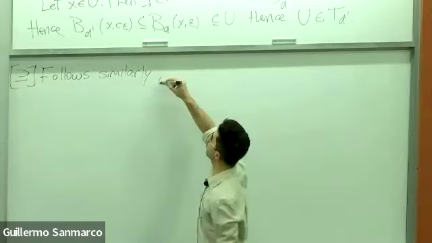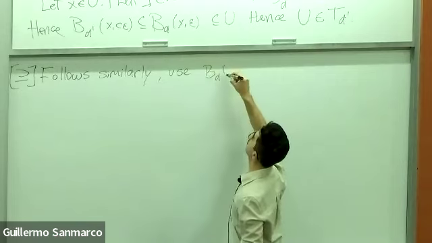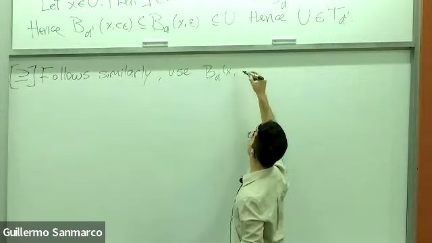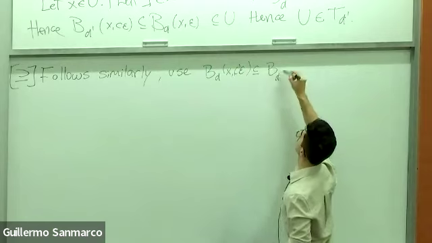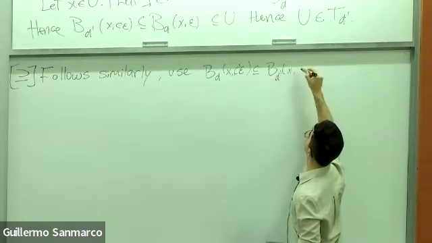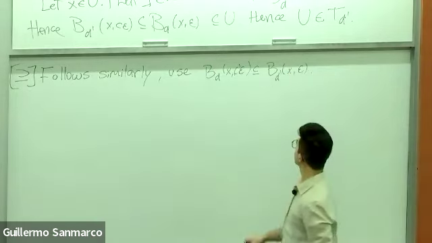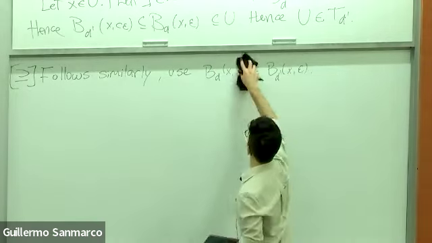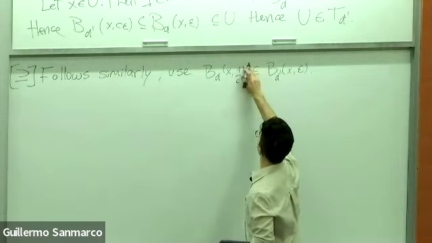Follow similarly, but now we need to use that the D ball centered at x of radius epsilon C prime is inside the D prime ball of radius epsilon. So that should be an inverse, 1 over C prime epsilon.